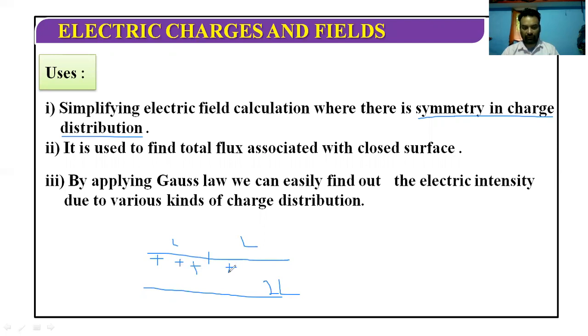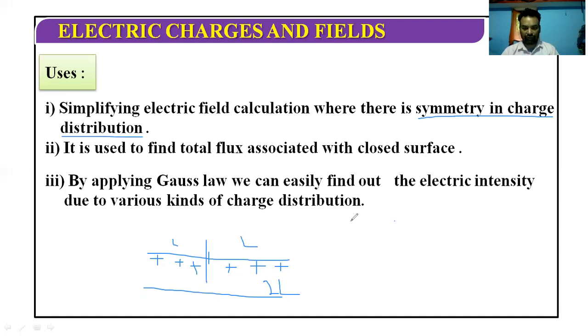Symmetry means 50% रोड के ऊपर जितना चार्ज होगा, रिमेनिंग 50% के ऊपर भी उतना ही चार्ज होना चाहिए. So that is a symmetry of charge. जितना लेफ्ट साइड में L लेंथ के ऊपर चार्ज है, राइट साइड में भी L लेंथ के ऊपर उतना ही चार्ज होना चाहिए. Now it means this road is symmetrical, है ना.